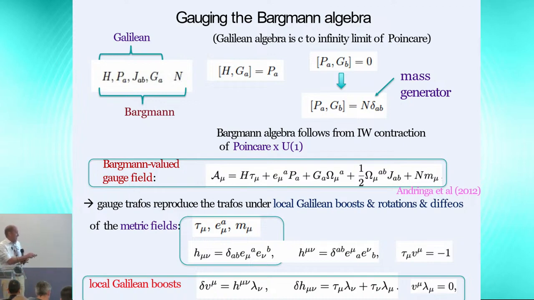They are tensors under diffeomorphisms, but they transform in a certain way under the local Galilean boosts. And you can write down the analog of a Christoffel connection. I'm not giving it because it's a little technical, but you have a Christoffel connection expressed in terms of tau, h, and m, just like you have a Christoffel connection expressed in terms of g.